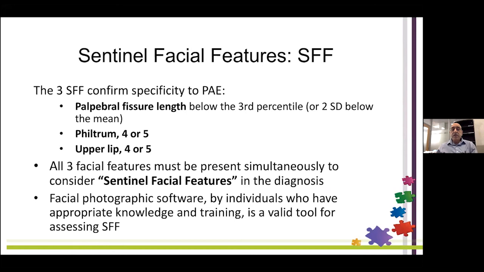And these 3 features have to be present simultaneously before we can say that sentinel facial features are present, meaning that you can't take one, say the philtrum, which is 4 or 5 on one occasion, and then measure palpebral fissures on another occasion and say, oh yeah, they're below the 3rd percentile at that time.